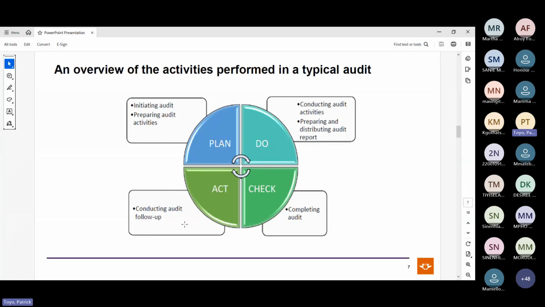Sometimes you go back to check if what you had found as a non-conformance has been fixed through the corrective action, preventive action approach.